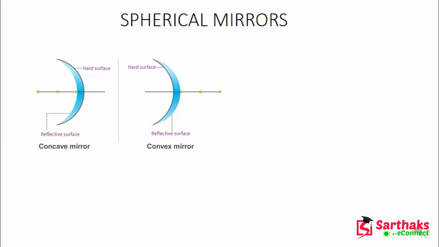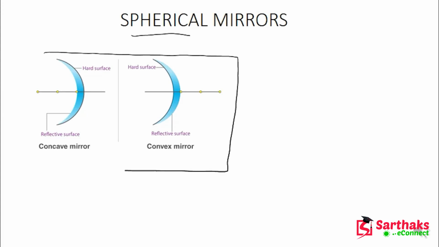Now on this slide you can see clear images of the concave and convex mirror. This is our concave mirror and this is our convex mirror. What is the difference between these mirrors? I have already told you in the previous slide that in the convex mirror this side is the reflective surface.